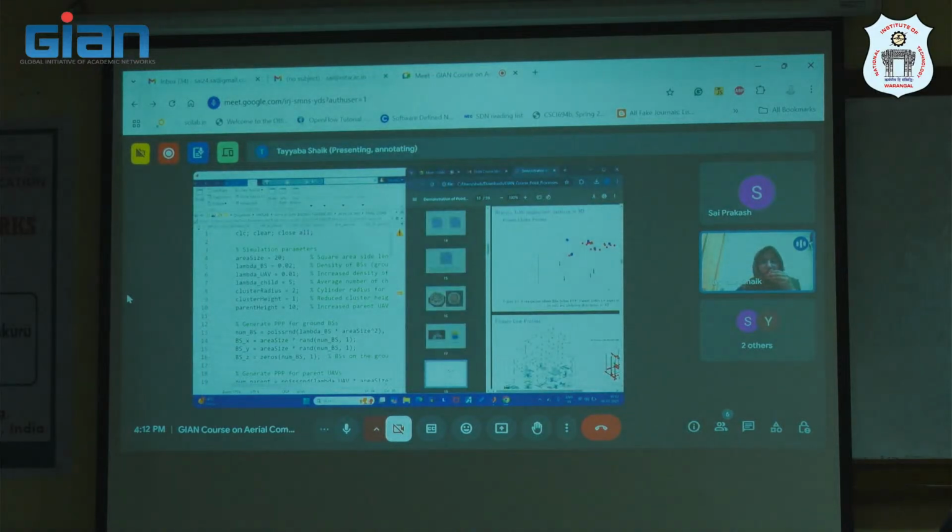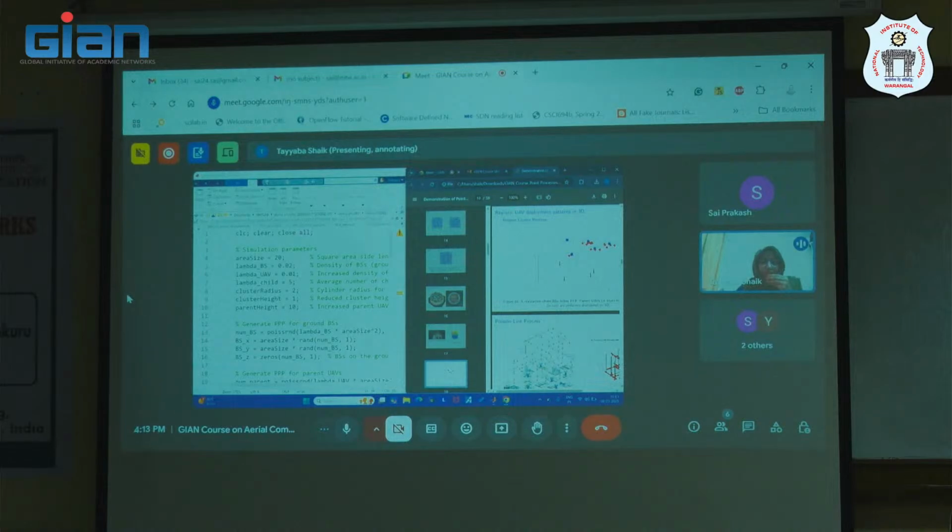So lambda base station here corresponds to the base station point process intensity, and lambda UAV corresponds to the parent process intensity. All the UAVs in blue are the parent UAVs, so the intensity is given by lambda UAV. The child UAVs have an intensity of 5, which means on average 5 UAVs per parent UAV.